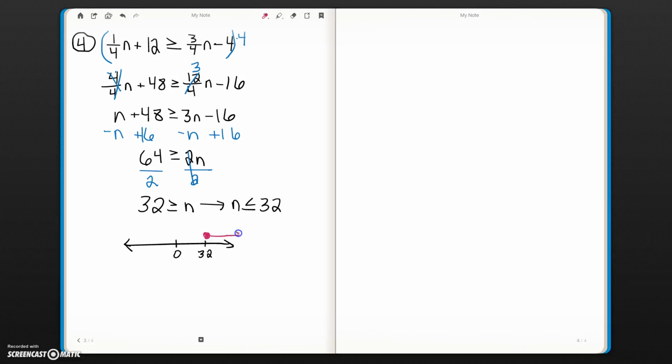And then a line extending to the right for all numbers greater than or equal to 32. Oh, sorry. I did this there the wrong way. Going to the left, all numbers less than or equal to 32. My mistake. So that's number 4.